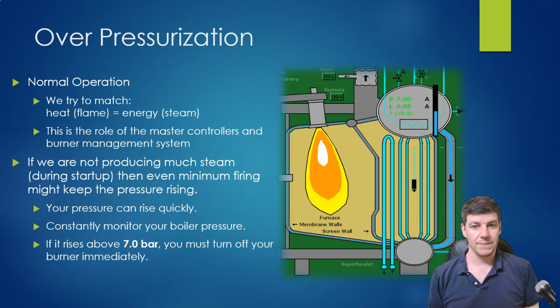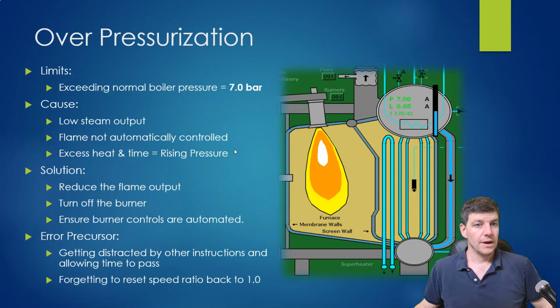So let's stop adding energy to it, and we would just turn off our burner. Okay, so that's the number one thing. If we ever see our pressure going up, we want to stop adding energy to the system.